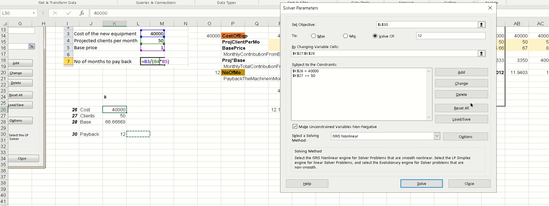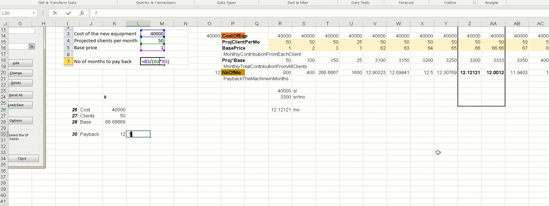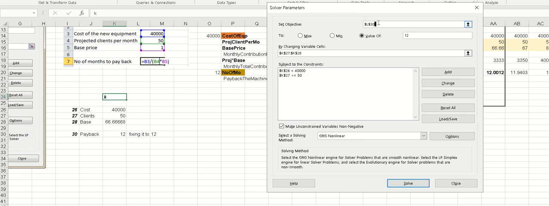This is the fix. We are fixing this to 12. All right. So that's K12. Now let me show you again the solver, K12.